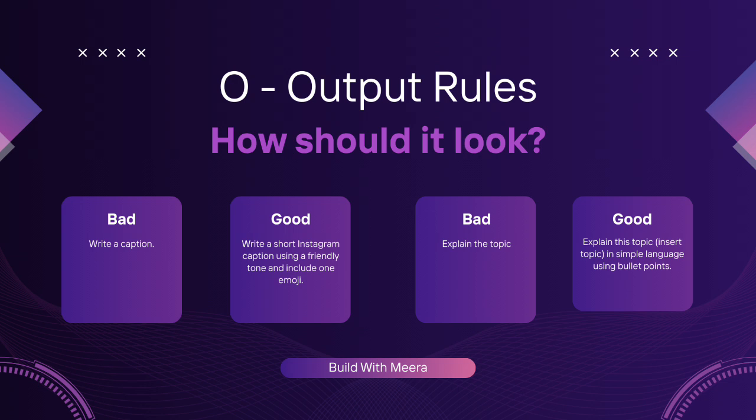So, for instance, when I say write a caption, the AI doesn't know how I want my caption to look like. It doesn't know if I want it to be in paragraphs or bullet form. It doesn't know if it should sound friendly, because normally the AI sounds very robotic, so it doesn't sound very human-like.